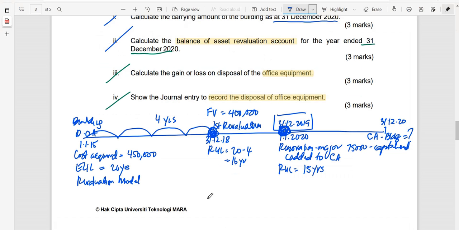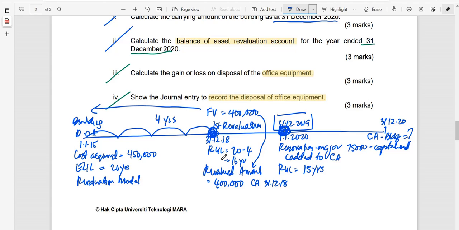When you have the revaluation, normally the revalued amount, which is the fair value here, will be the carrying amount as at 31st of December 18, because on revaluation, whatever accumulated depreciation existed prior to the revaluation, which is the previous 4 years, will all be eliminated. But that is not yet required. That is task number 2. So we are doing task number 1.